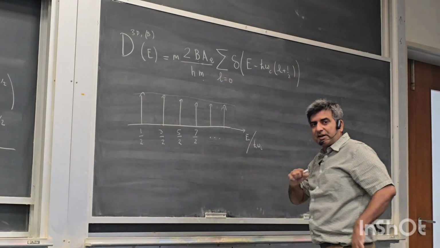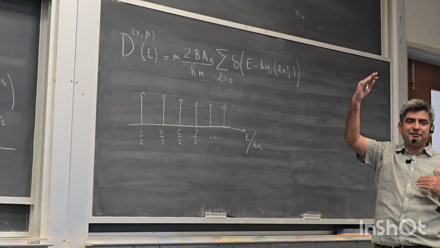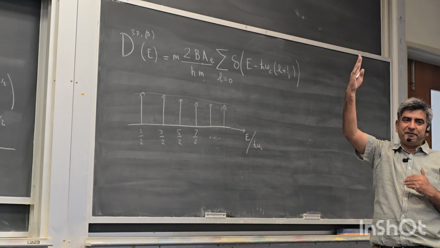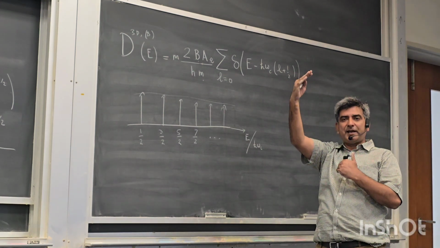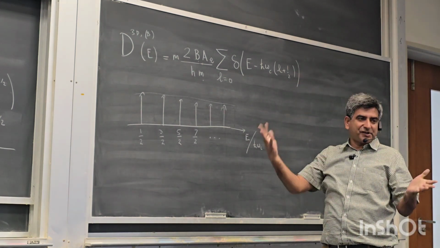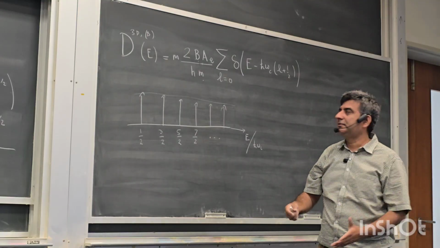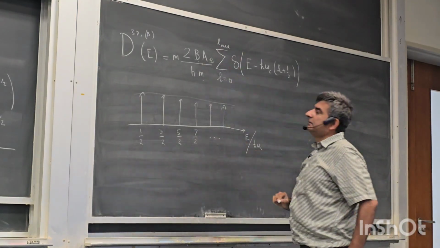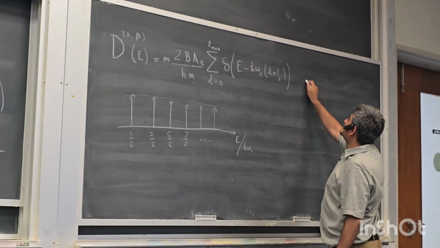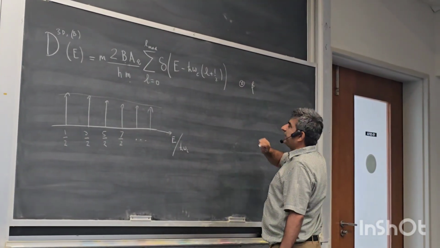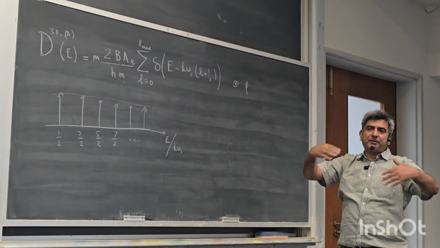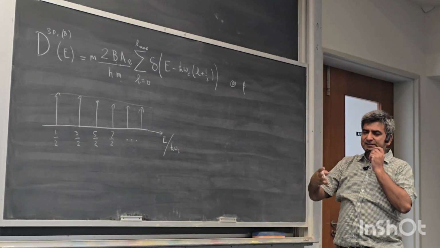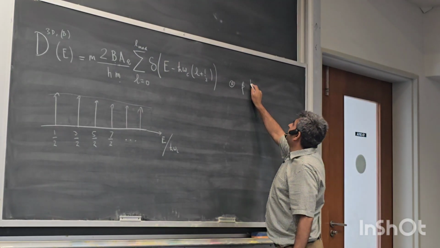Now this L starts off from 0, but it doesn't go all the way up till infinity. It goes up to some maximum L, which is determined by the size of the Fermi sphere, L max. And I want to take the convolution of this thing with some constant beta, which you've already calculated in your prior lectures. I will write this down and E minus half.